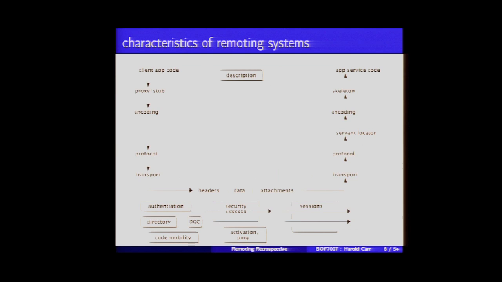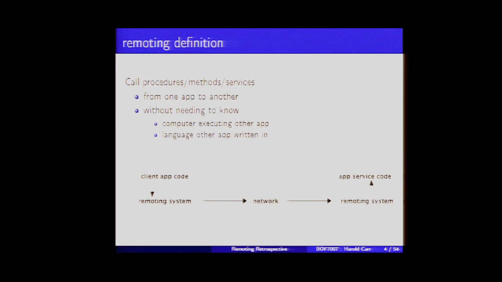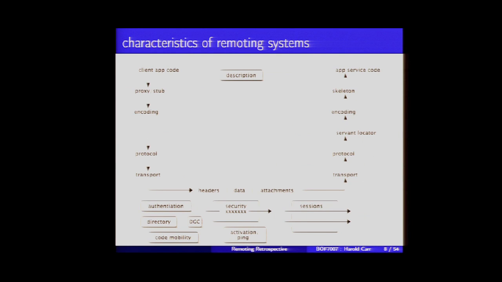So, okay, let's actually jump into what are the characteristics of a remoting system. And this is kind of the bigger picture. Usually you'll just see a picture that looks like that one: remoting system, does everything for you, don't worry about it. So we're going to break that down a little bit further and show it. So the first thing is you've got your client-side app, and it's got to talk to something.